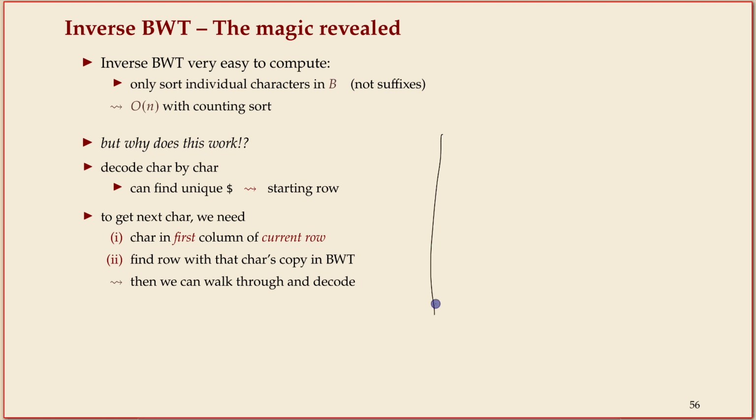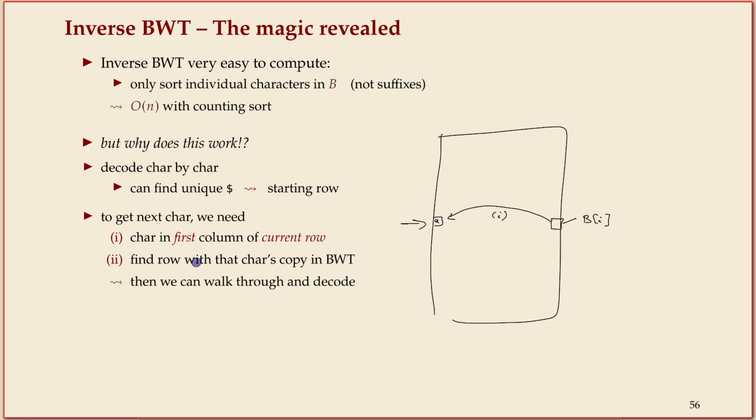So let me draw it a bit schematically. We're currently in this row where we currently have this entry. That's the BWT entry. Now the first step means jump to the front of this. There's some new character A here.